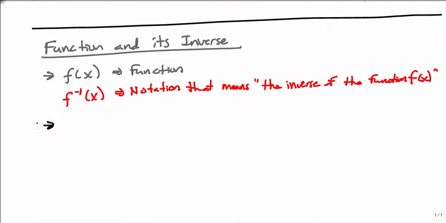So if a function f has an inverse, basically there's no horizontal line that intersects the graph at more than one point. Such a function is called a one-to-one function. So if a function has an inverse, it is called one-to-one.